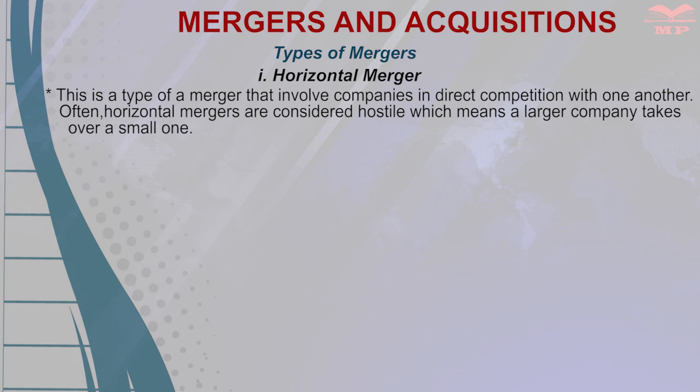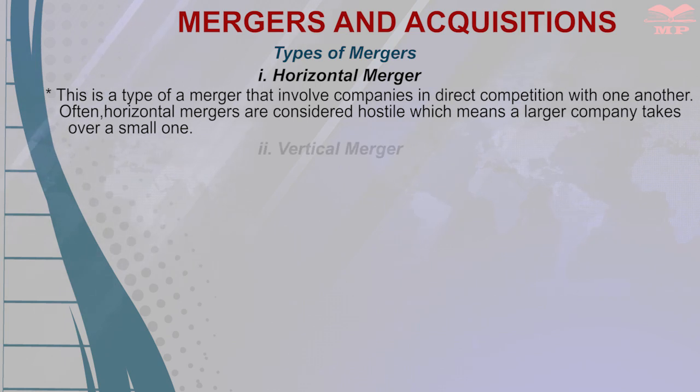An example of horizontal mergers in the traditional sense is the combination of the car companies Chrysler and Daimler-Benz. Another example is SmithKline Beecham and Glaxo Wellcome. That's a horizontal merger. Fine.